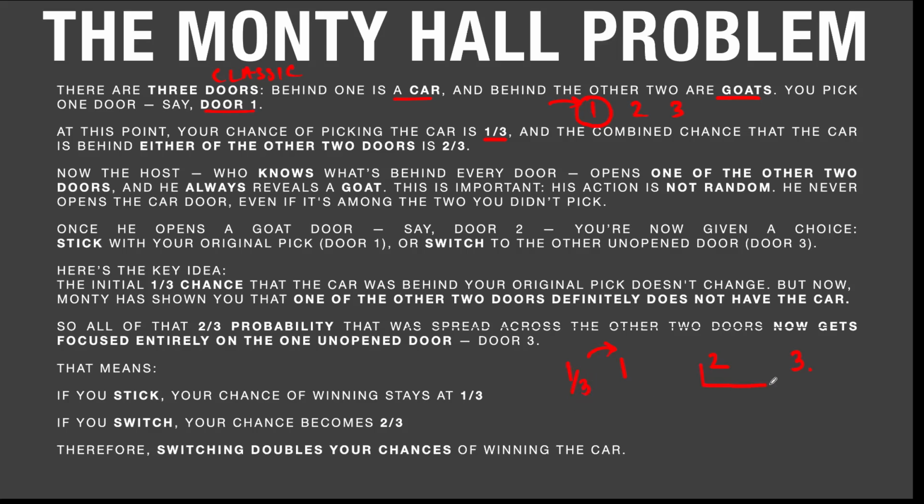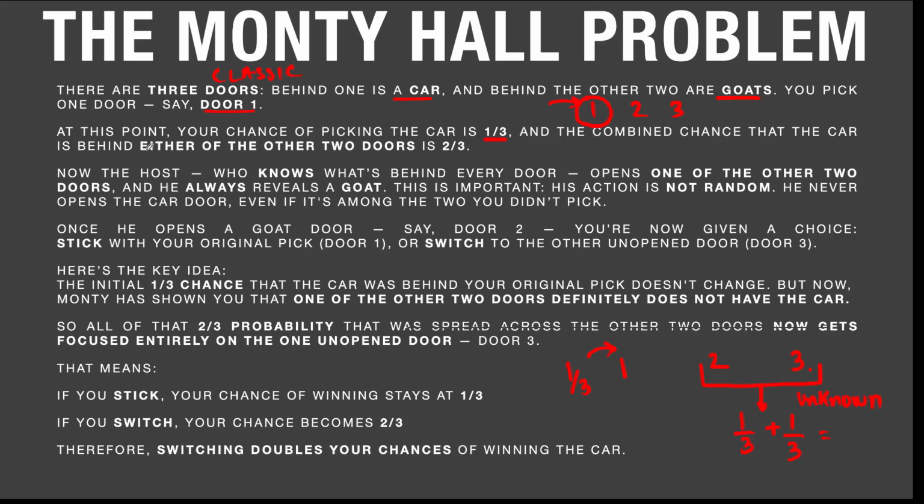The other two doors are unknown doors, and the probability of a car being behind these two doors is going to be 2 by 3. The reason is that behind the second door, the chance of getting a car is 1 by 3, and behind the third door, the chance is also 1 by 3. So this is a combined chance. I am combining the probability.